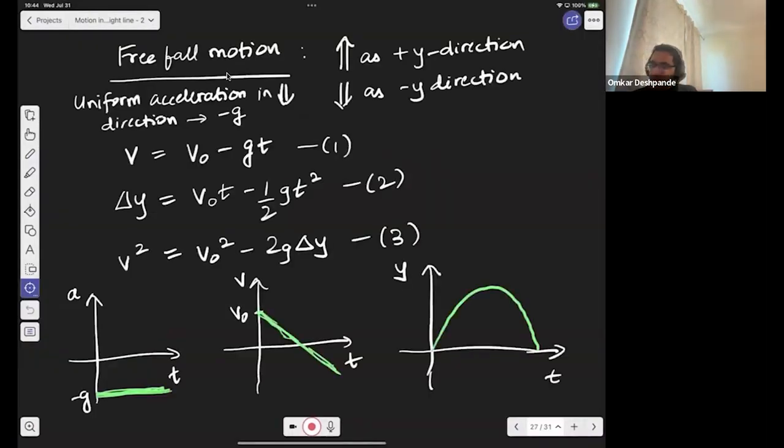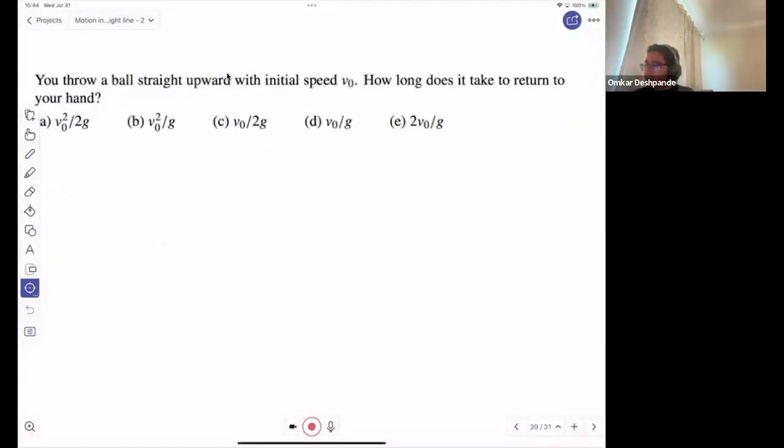So a couple of common problems that you should know how to solve is this one, for example. If you throw a ball straight up with initial speed v0, what is the time of flight? How long does the ball stay in air before it comes back to your hand? So you're throwing it vertically up.